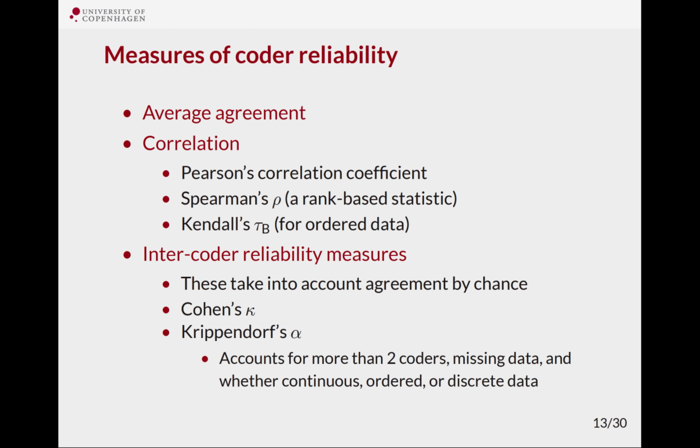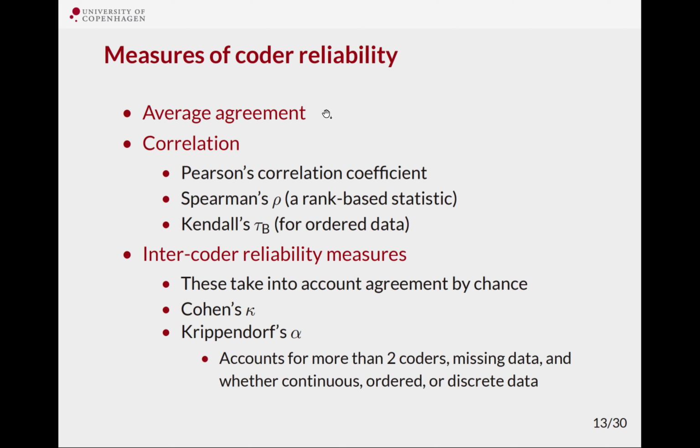And it would suggest that our code book is probably not the greatest. And so there are a number of measures. I'm not going to go into technically what these are, nor am I going to look at these in the lab. They're relatively easy to look up. If you can run a correlation in R, you're able to run a Spearman's rho or a Kendall's tau b. So this is not very difficult to do. But for each tweet that you've coded, let's say you've coded 10,000 tweets, and you had 3 different coders code the exact same tweet, then you can look at average agreement.